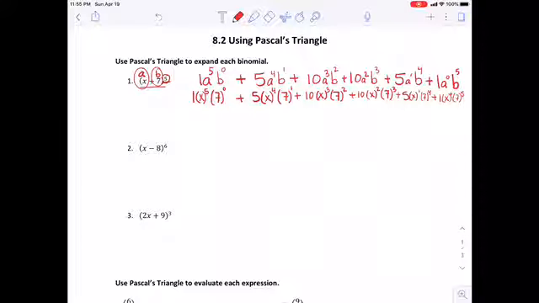All right, well now I just have to simplify each of these terms. So notice that I have in this first term 7 to the 0 power, which anything to the 0 power is 1. So that's going to cancel out and become 1. And I get 1 x to the fifth here. Plus, my next term, I have 5 times 7 to the first. Well, I know that 7 to the first power is 7.